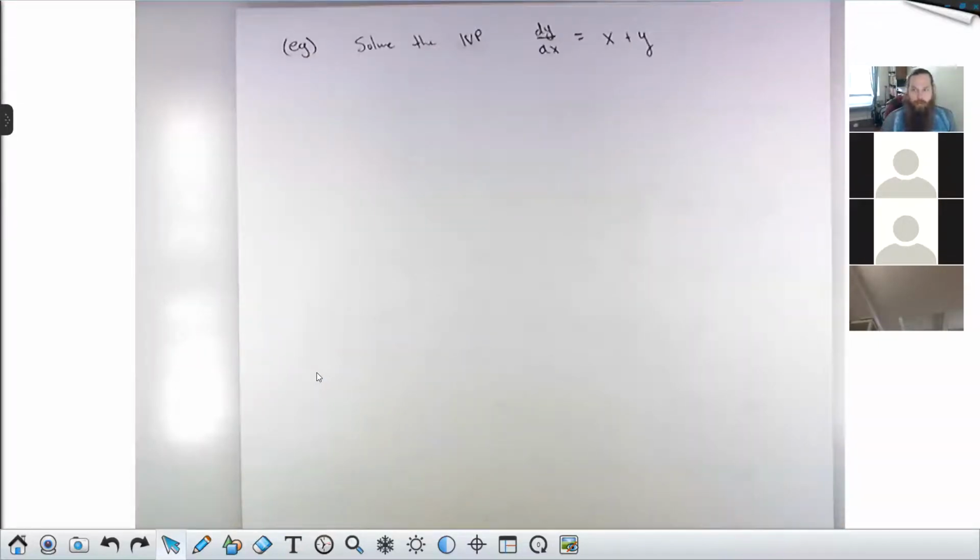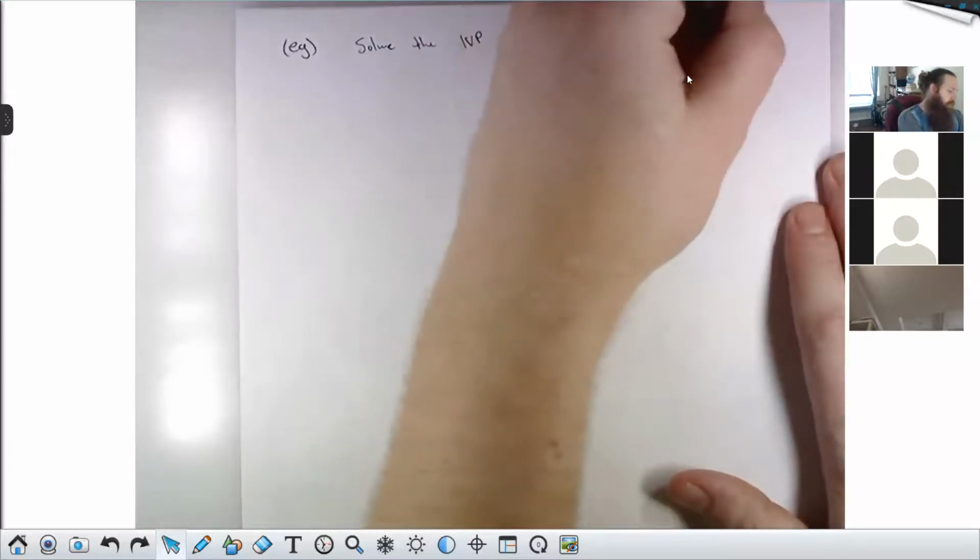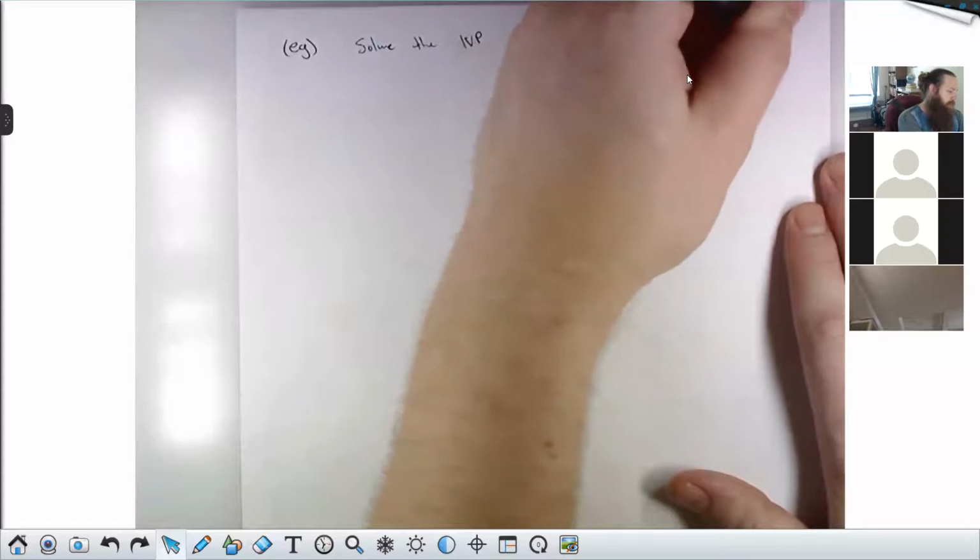You guys remember this? We looked at the direction field for this differential equation the other day. Here I'm going to think of it as an IVP subject to the initial condition that y of 0 is equal to 4.